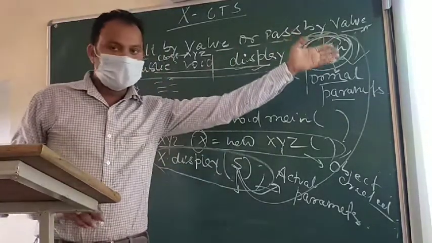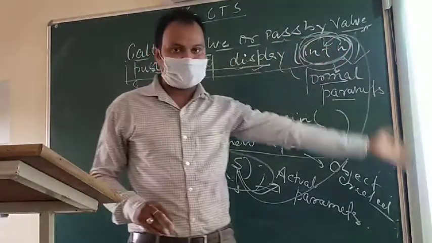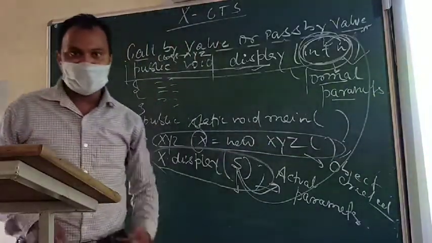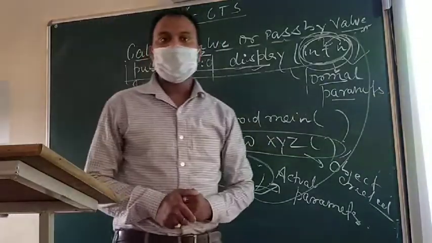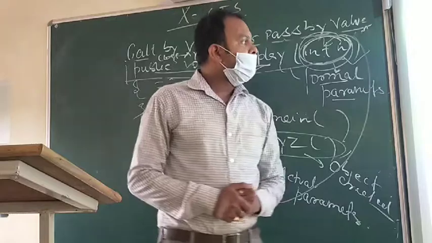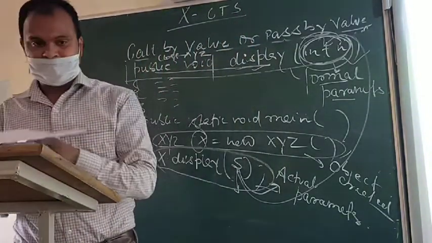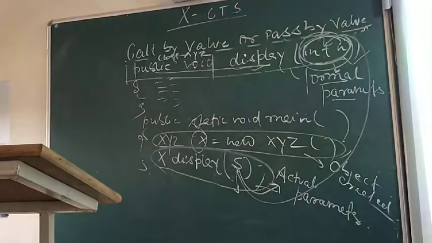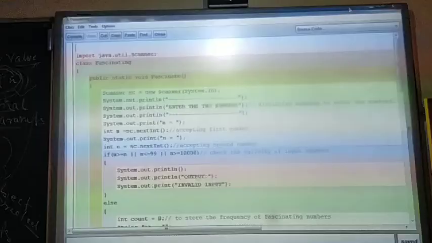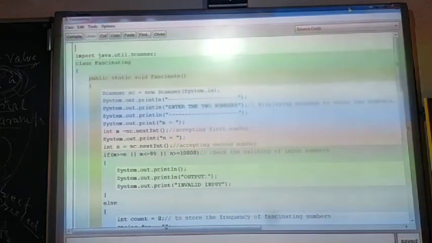Now we are going to have a practical on the computer and see how this pass by value works. So let us see how we can use pass by value or call by value in our program. Let's see a practice session here on that.